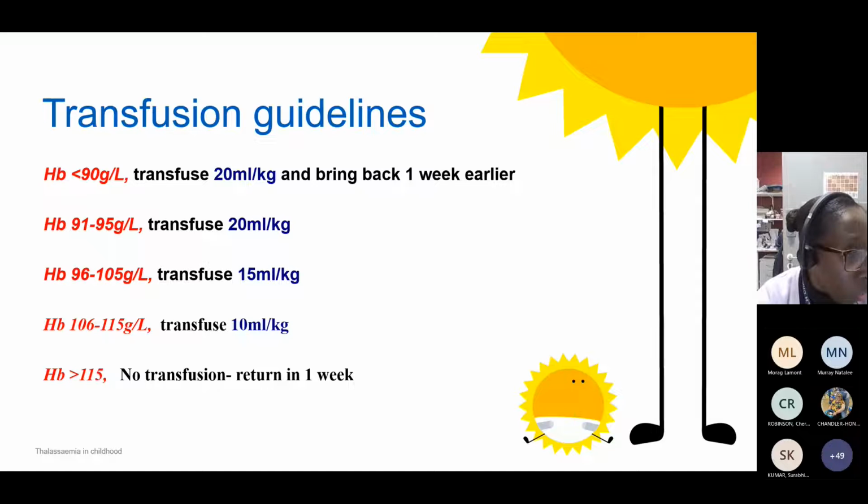So we transfuse at 5 mils per kg per hour, but the maximum will be 200. So you can imagine we can get some of our transfusions done in about 2.5 to 3 hours. And that's a bit more manageable for these families when these patients are missing school and coming for the appointments.